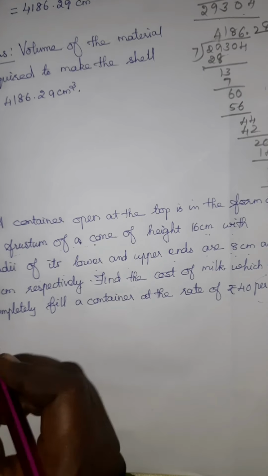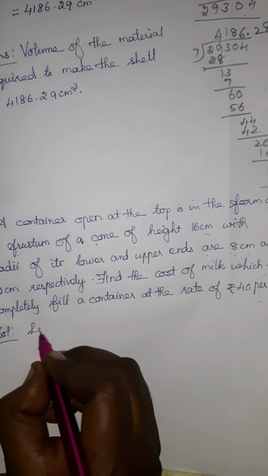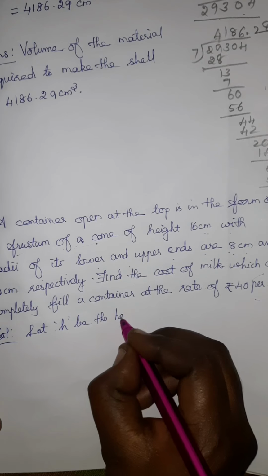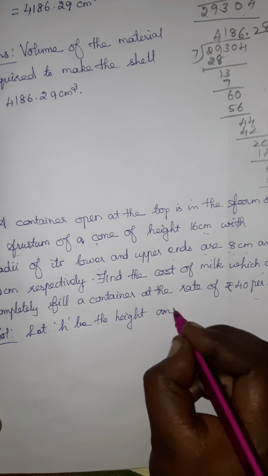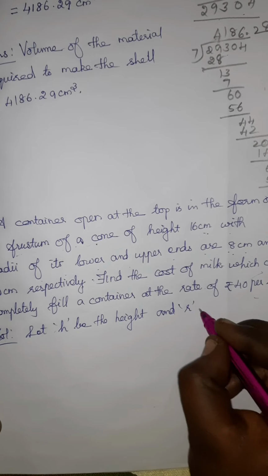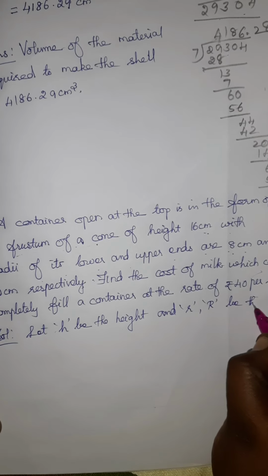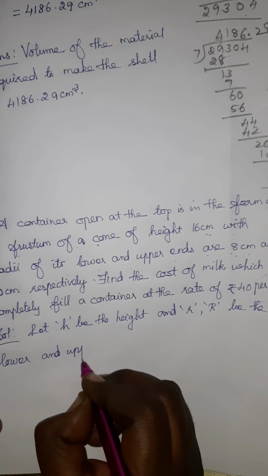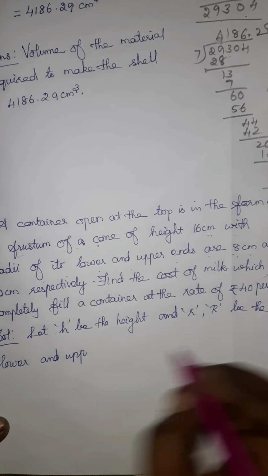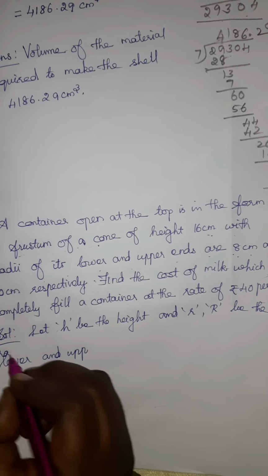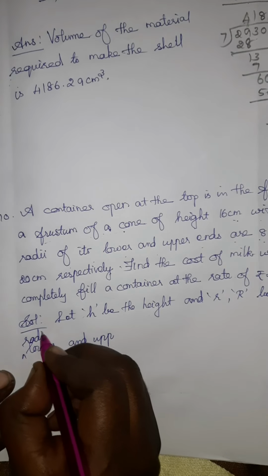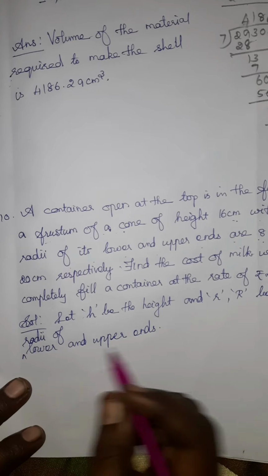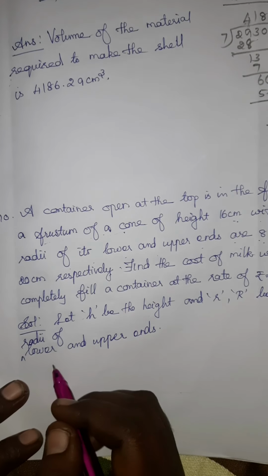So first of all, let h be the height, and small r, capital R be the radii of the lower and upper ends.